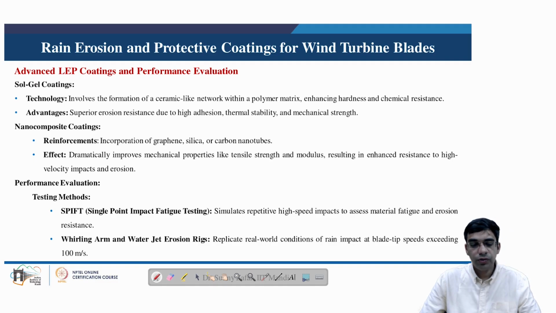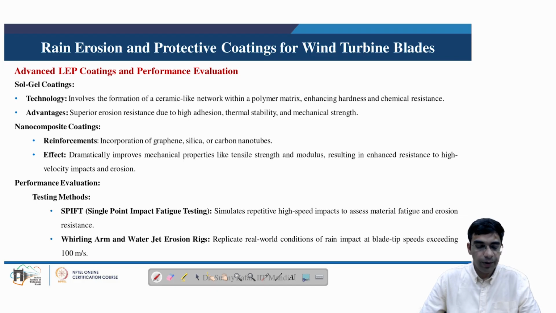Nanocomposite coatings with incorporation of nano reinforcements such as graphene, silica or carbon nanotubes are also used. Such coatings dramatically improve mechanical properties like tensile strength and modulus, resulting in enhanced resistance to high velocity impacts. Performance evaluation of such methods includes single point impact fatigue testing and whirling arm water jet erosion test rig.